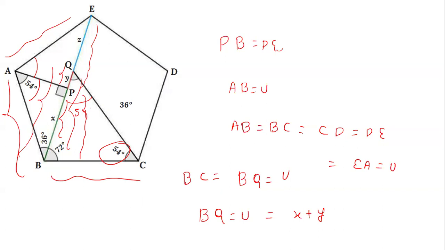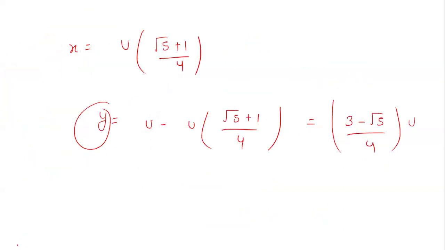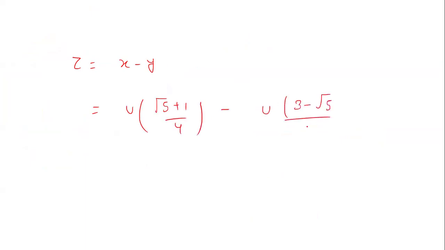Now if PB is equal to PE, then we can write X is equal to Y plus Z. We know the value of X and the value of Y, so we can find Z. Z is equal to X minus Y, so it is U times (root 5 plus 1) by 4 minus U times (3 minus root 5) by 4. If you calculate this, it comes to U by 4 times (2 root 5 minus 2).